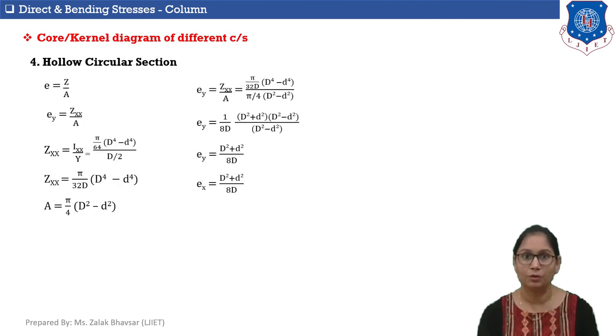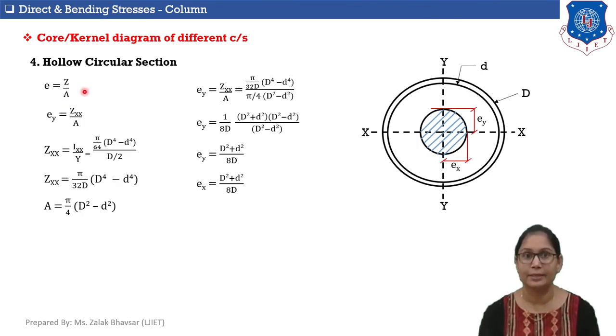So, again for hollow circular section, e is equal to Z by A. So, ey is equal to Zxx by A. Now, Zxx is equal to Ixx by Y. And for the hollow circular section, Ixx is equal to what? Pi by 64, capital D raised to 4 minus small d raised to 4.